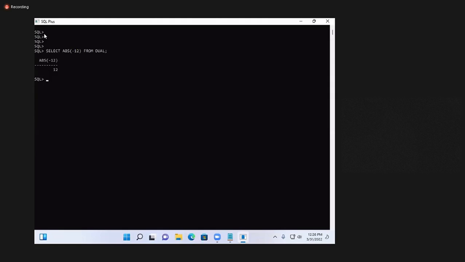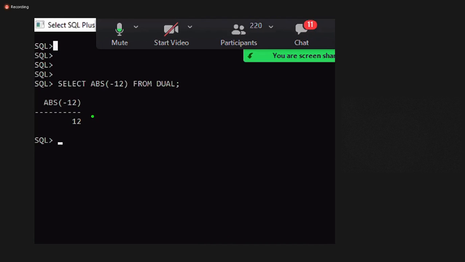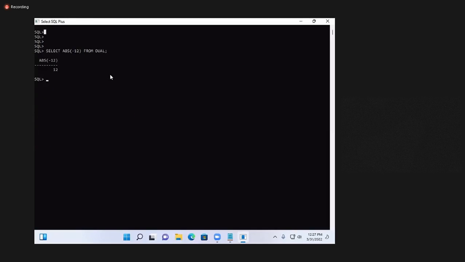I'm passing minus 12, it converts into positive, and positive 12 will be returned for us. Can you identify? We are sending which value? Negative value. But the function returns which value? Positive value. So we are sending negative, but it returns positive. Understand? This is the ABS function's nature.